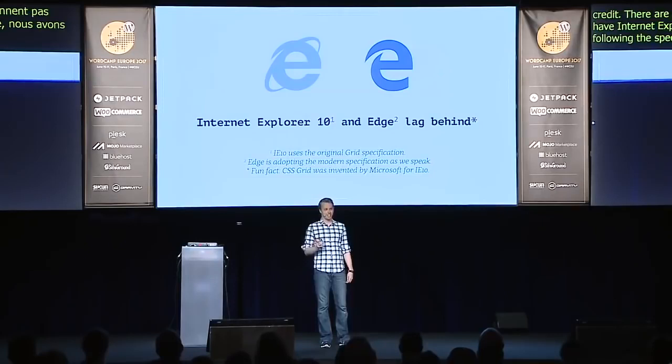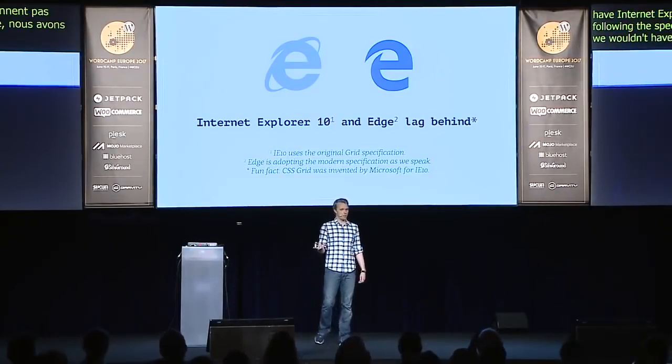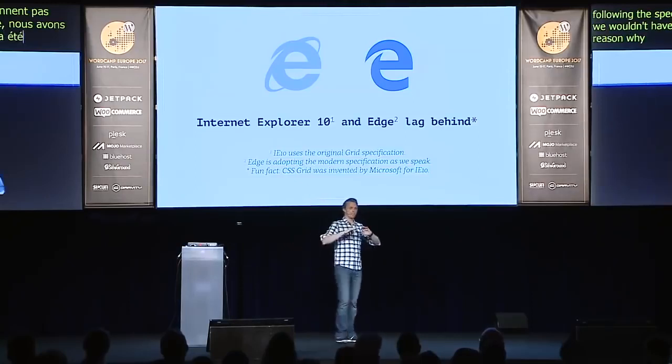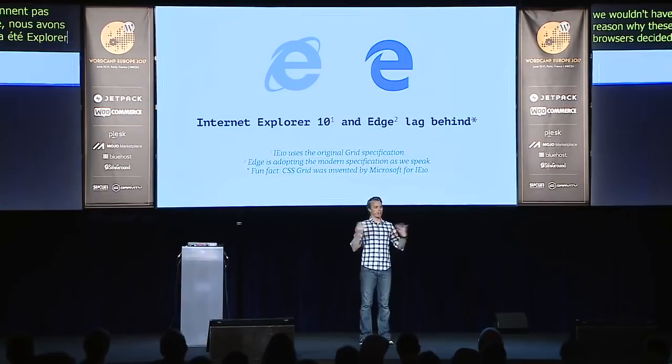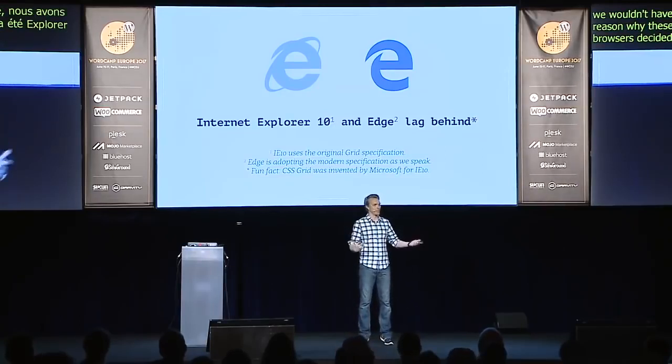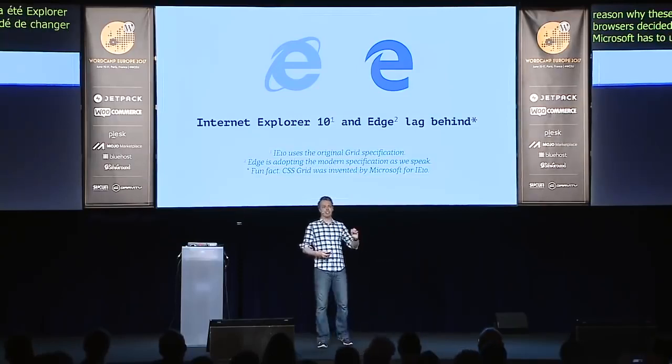CSS Grid was invented for Internet Explorer 10. And the reason why these two browsers are lagging behind is because the other browsers decided to change the spec. But the spec is built into Windows, so Microsoft has to update all of their operating systems to get this to catch on. However, Edge is probably a couple of weeks away from getting full grid support.